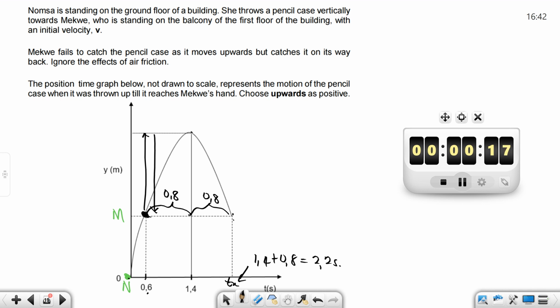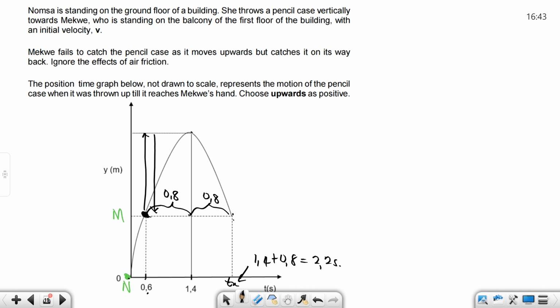All right. Please give me your answers. That shouldn't take so long. We are looking for the initial velocity. So you work where you have information. What do we have?